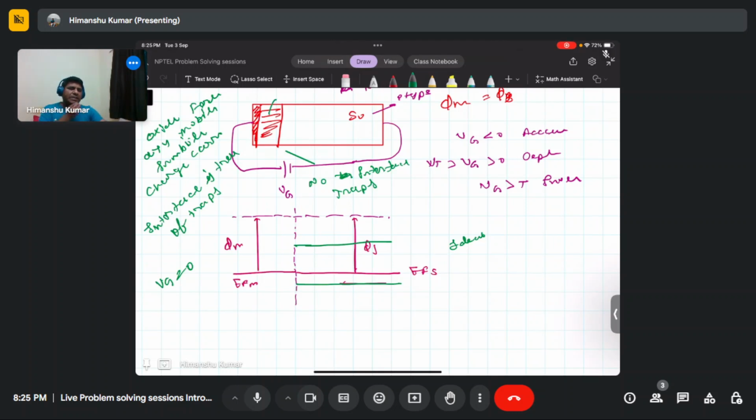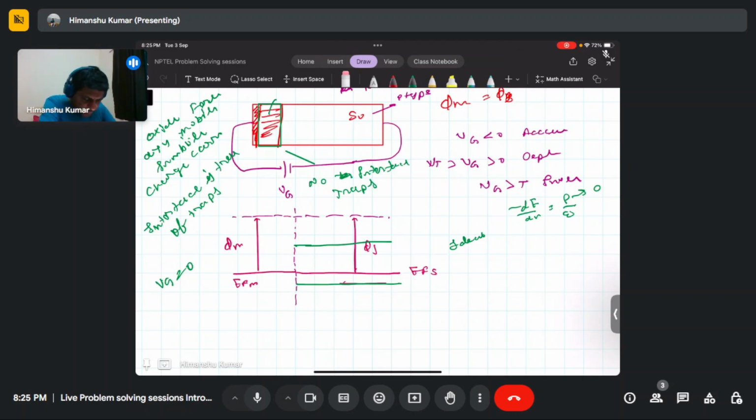So if the interface is free of traps, and you don't have any mobile charge carriers, then this oxide will behave as a perfect insulator. While applying Gauss's law, you can take dE by dx equals rho by epsilon. This rho you can take as zero, so you can directly write dE by dx equals zero, an equation you can solve. So this is the Laplace equation.